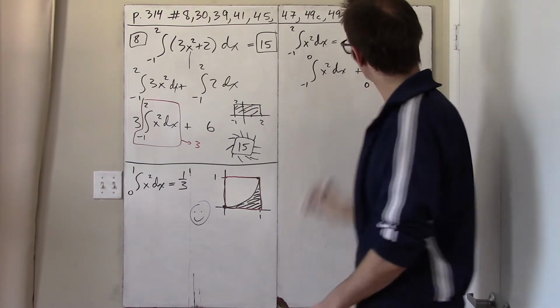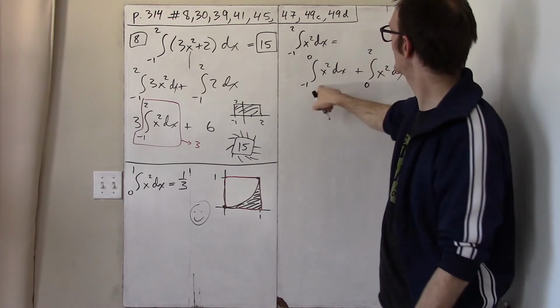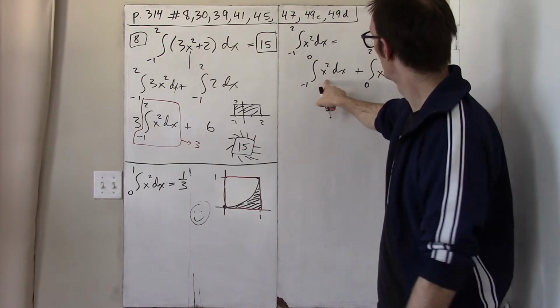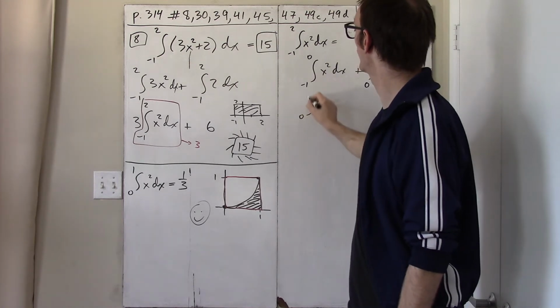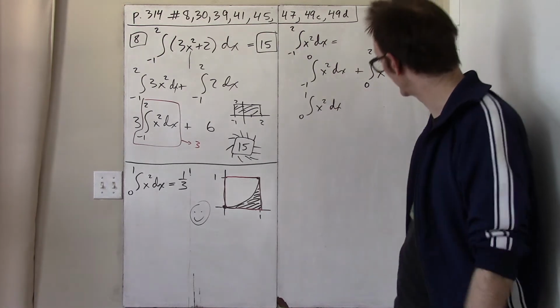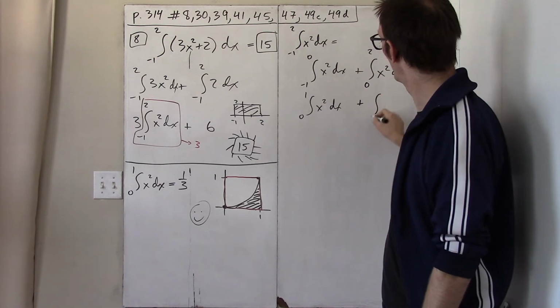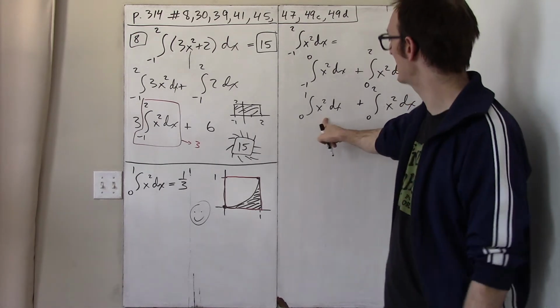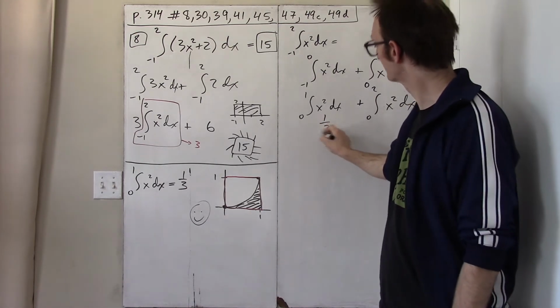So why would I want to do that? Well, because this function is even, this integral is just the same as the integral from 0 to 1. Make a picture if you want to understand that, but of course this function is even. And so I now find myself in the situation where I already know that this is 1/3.